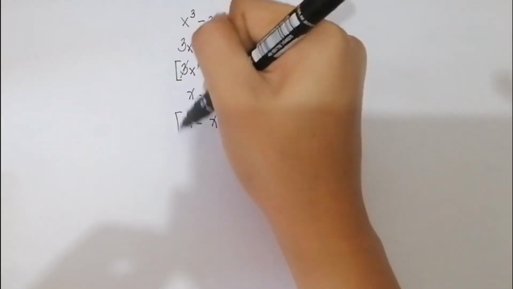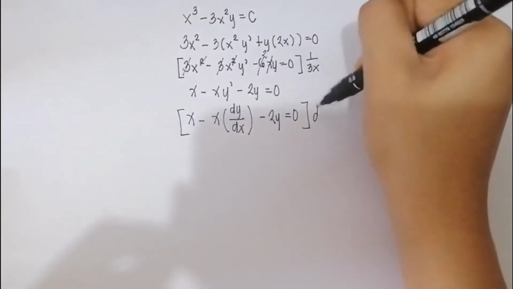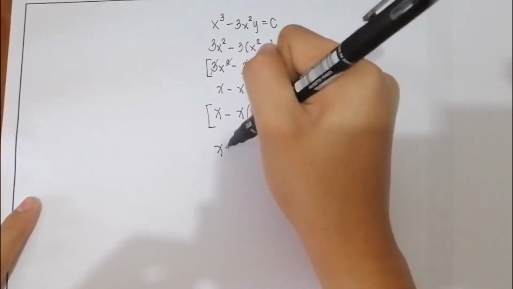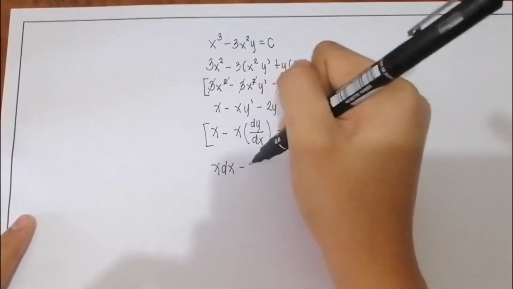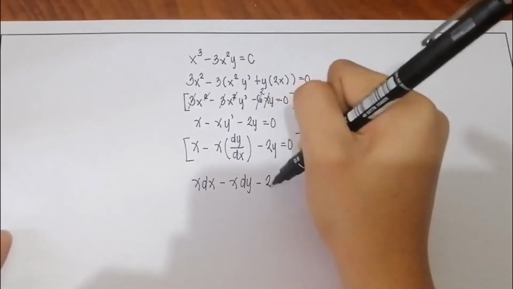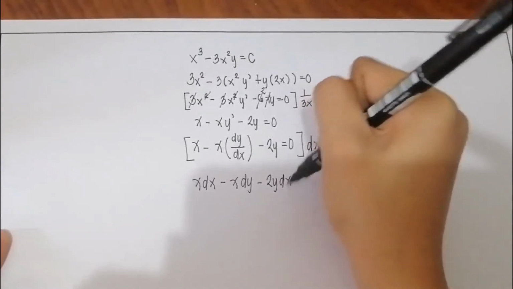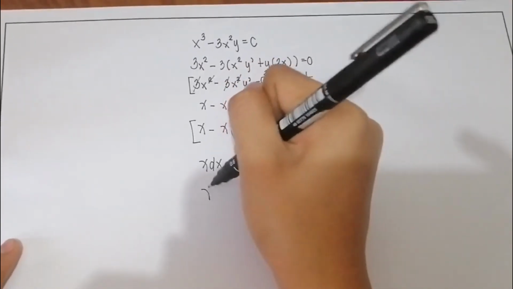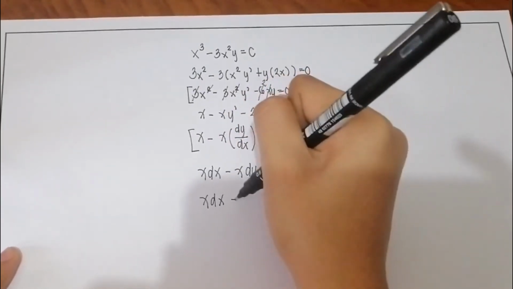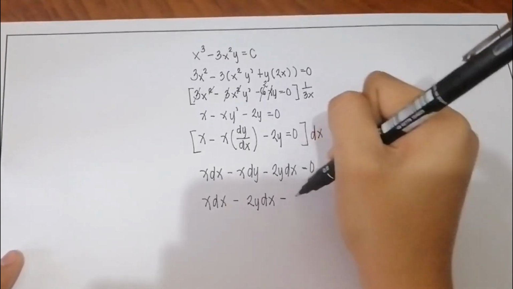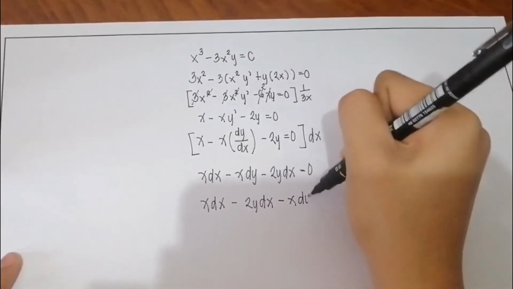Furthermore, we can multiply the whole equation by dx. The equation would become x dx minus x dy minus 2y dx is equal to 0. And combining the terms, x dx minus 2y dx minus x dy is equal to 0.